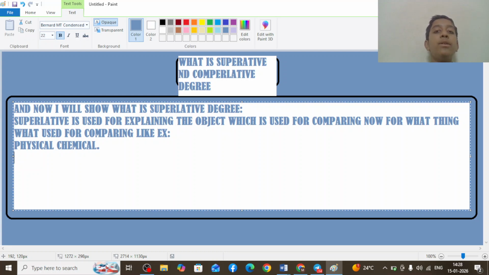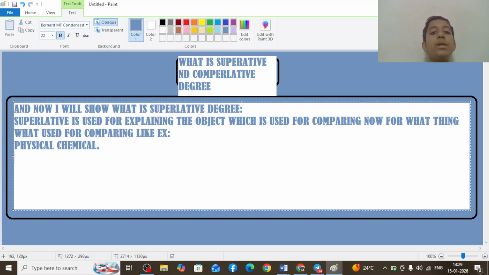But in physical change we do it by the force of other things, like push, pull, squeeze or crushing, destroying it. By crushing it, we change the shapes and texture of the objects. Like this we compare the things. This is how the comparative degree works.